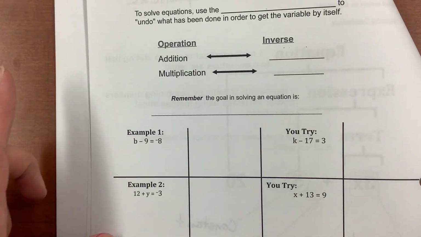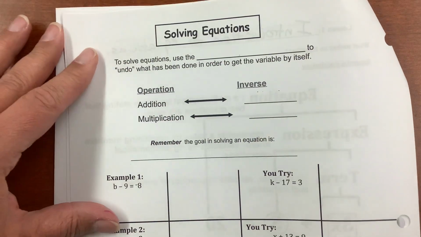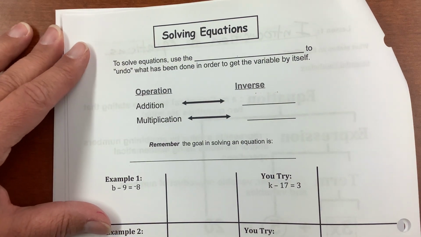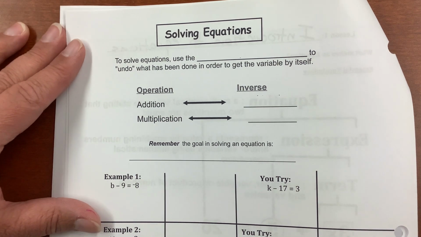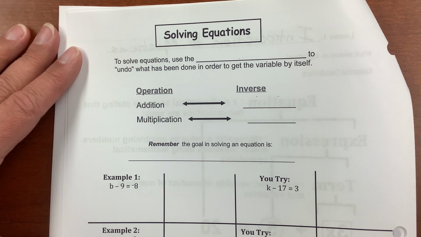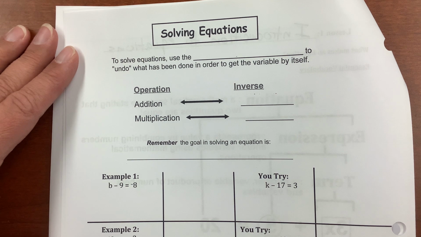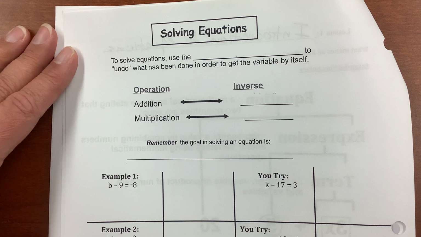Next, solving equations. To solve an equation, use the inverse to undo what has been done in order to get the variable by itself. So the whole goal of solving equations is to do what's called isolate the variable. If you've ever heard of isolation, that's where somebody is put by themselves. You isolate somebody, you put them alone.